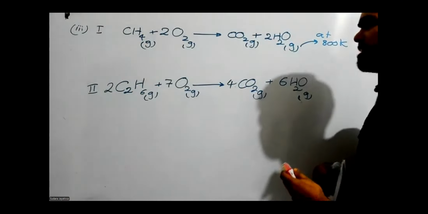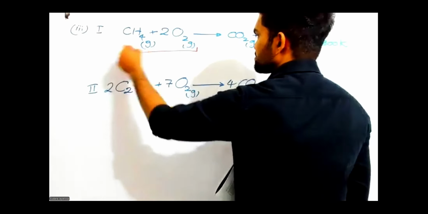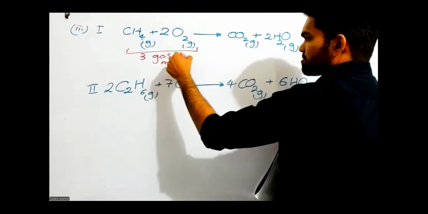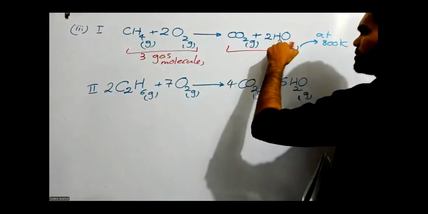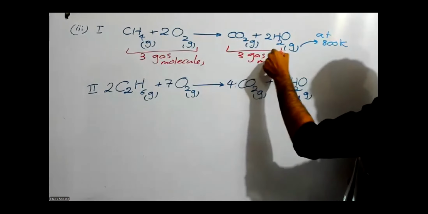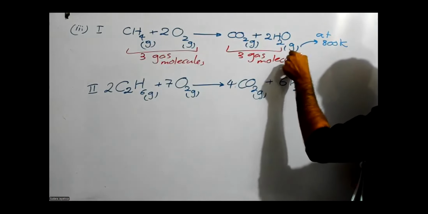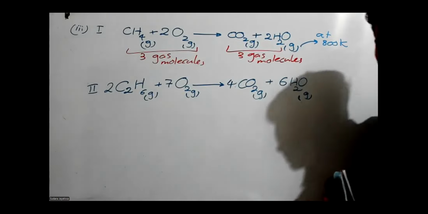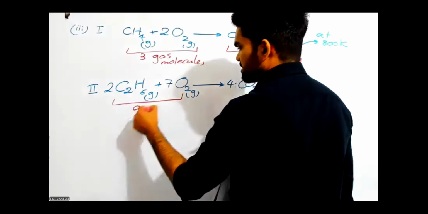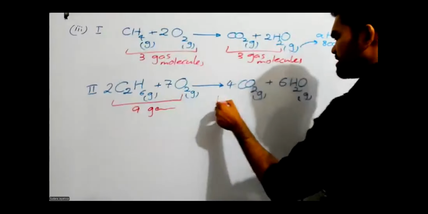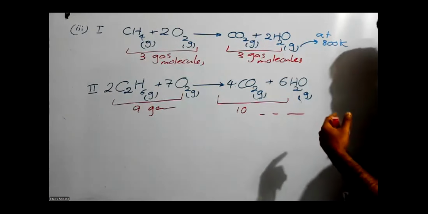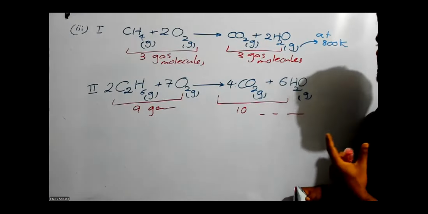On this side you have 3 gas molecules, and on the product side again 3 gas molecules. So this one is not the gas that contributes to the increase in the number of moles. What is that? You have 9 gaseous molecules on this side, and on that side 10 gaseous molecules. So the number of gaseous molecules is increasing by 1.